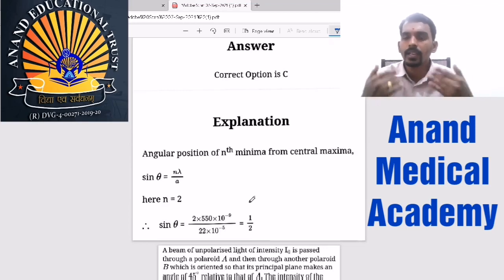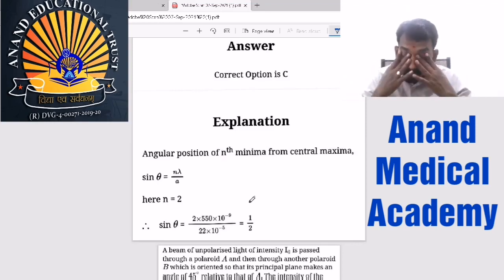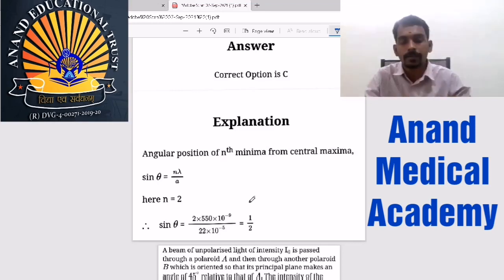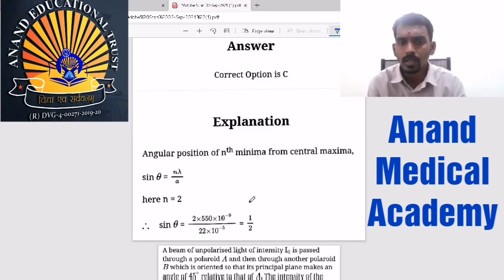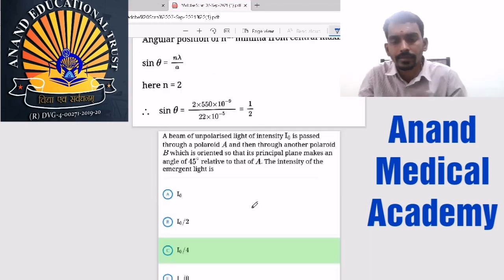Which fringe n is how much, and whether dark fringe or bright fringe. Accordingly, what is the lambda given, what is the distance between the slits, or the width of the slit, or the distance between slit and screen. You have to take everything carefully and convert them properly, everything should be in terms of meter. Then you can calculate such questions.